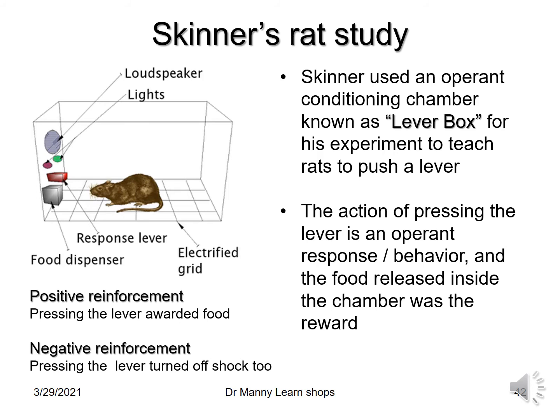The negative reinforcement was pressing the lever to turn off the shock, because in this study there were a loudspeaker, lights, an electrified grid, a food dispenser and a lever. He did several different experiments using this. But operant conditioning basically is learning that occurs through rewards and punishments for a particular behaviour.